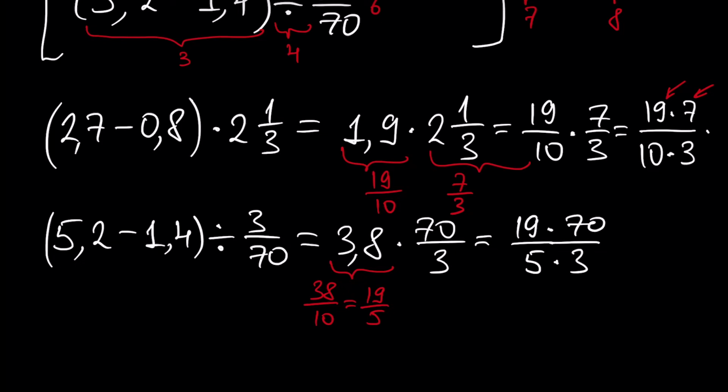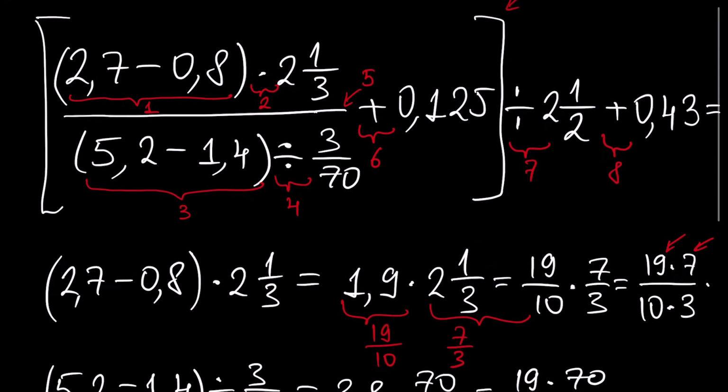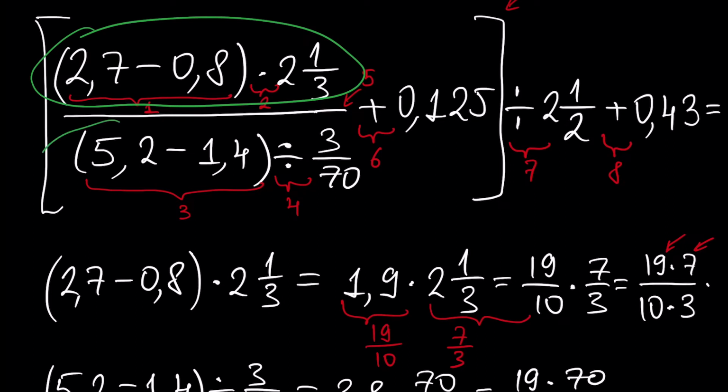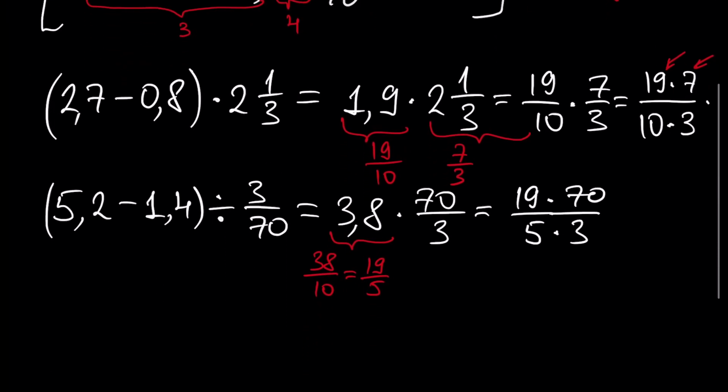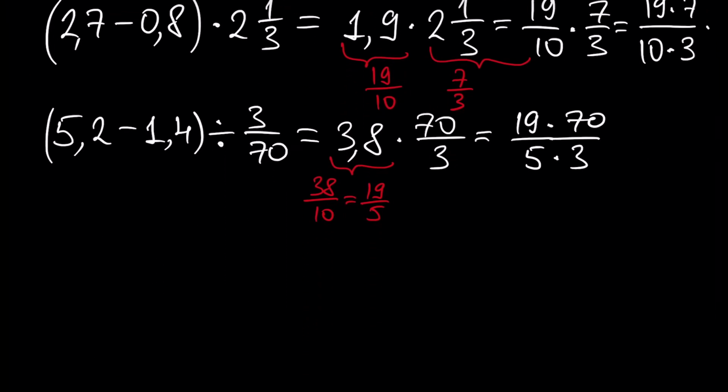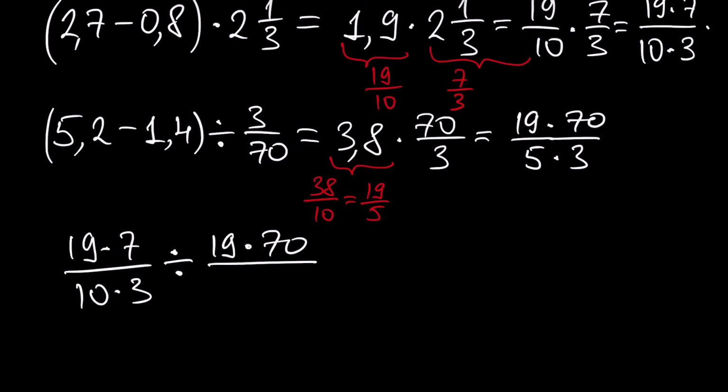And next, we have to divide what we calculated first by what we calculated just now. And it will be 19 times 7 over 10 times 3 divided by 19 times 70 over 5 times 3.